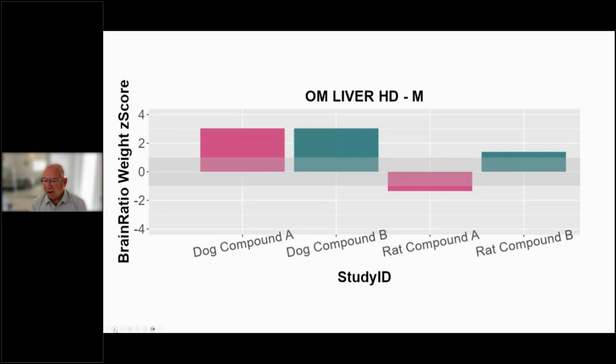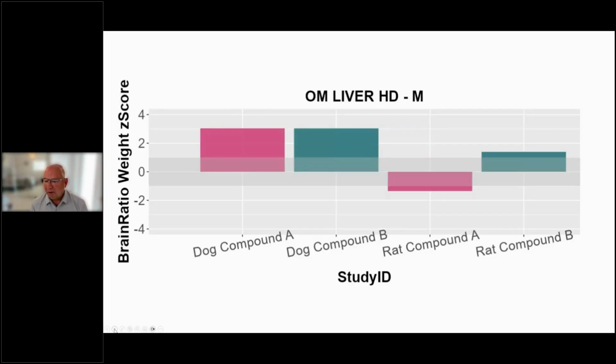It appears that in the rat there really wasn't any significant differences in liver organ weight. And again, as an interpretive part of it, indicating that there's some kind of species related effect here, that for this target we're seeing liver organ weight changes.